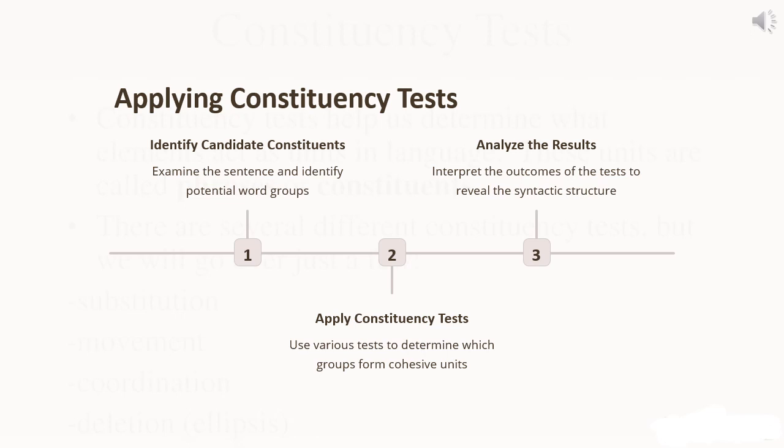I need to use various tests to determine which groups form cohesive units. I try these tests that we took before and I use them on my constituents. The third thing is analyzing the results. Interpret the outcomes of the tests to reveal the syntactic structure of this sentence.